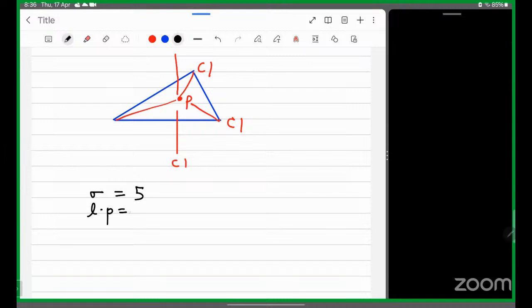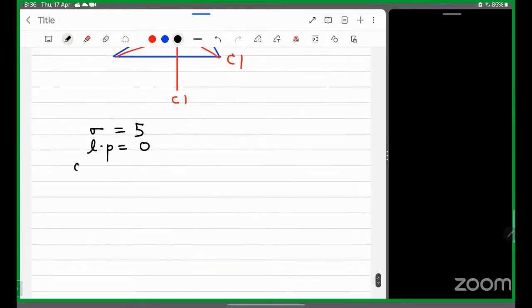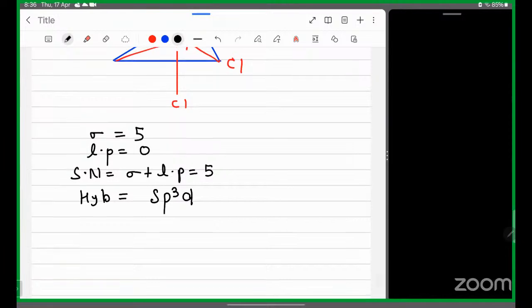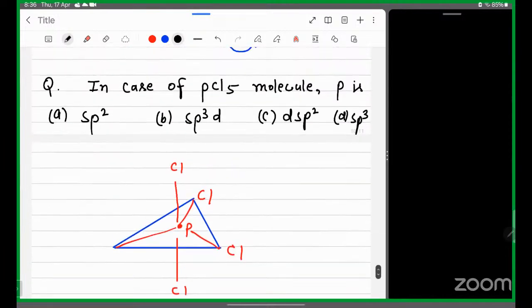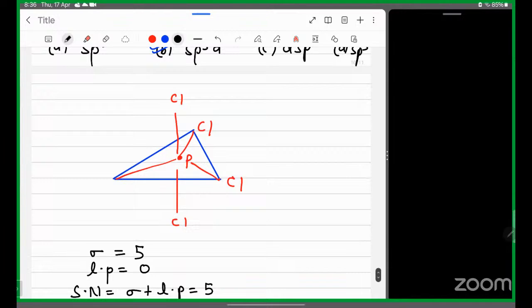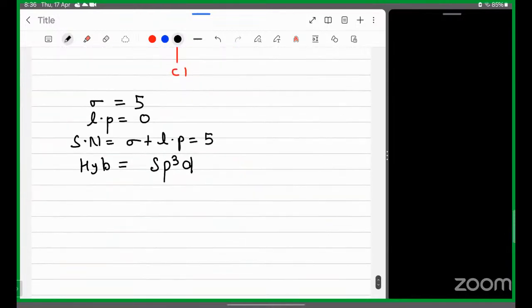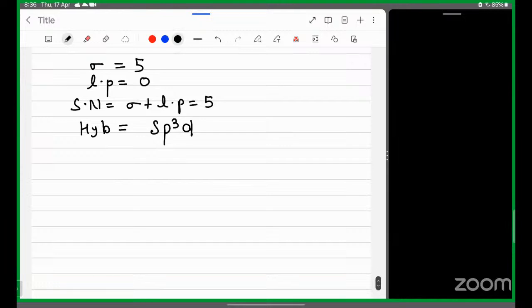Lone pair on phosphorus will be 0. So steric number will be sigma bonds plus lone pair, that is 5. And in that case, hybridization will be sp3d. So the correct answer will be sp3d, which is option B. Understood or any doubt?